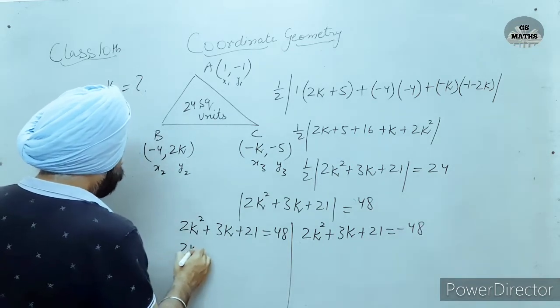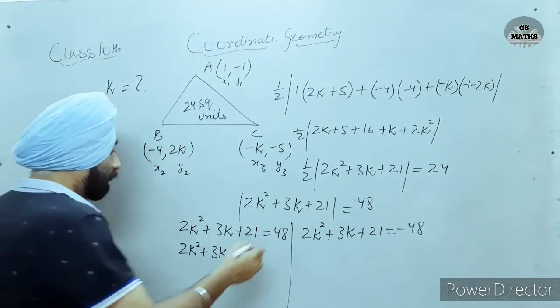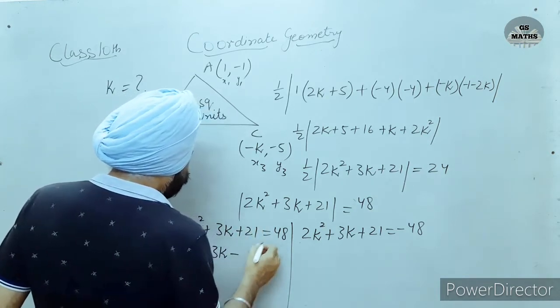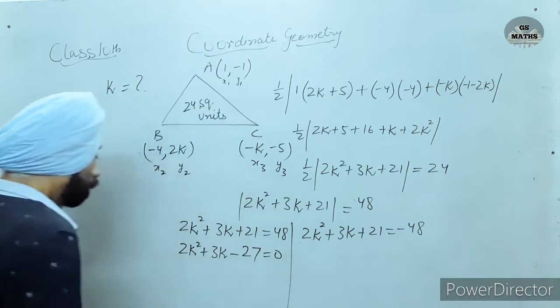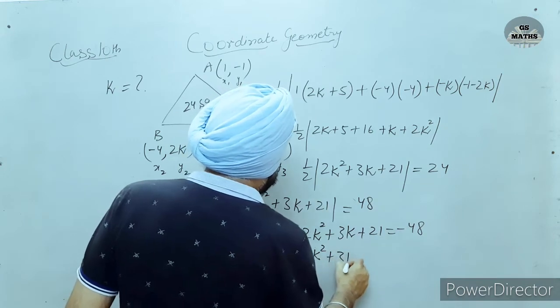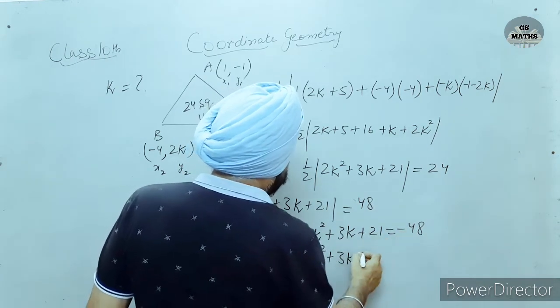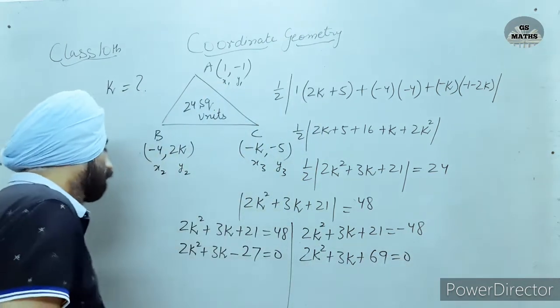Now 2k square plus 3k minus 21 minus 48, that is minus 27, equals 0. And 2k square plus 3k plus 21 plus 48, that is 69, equals 0.